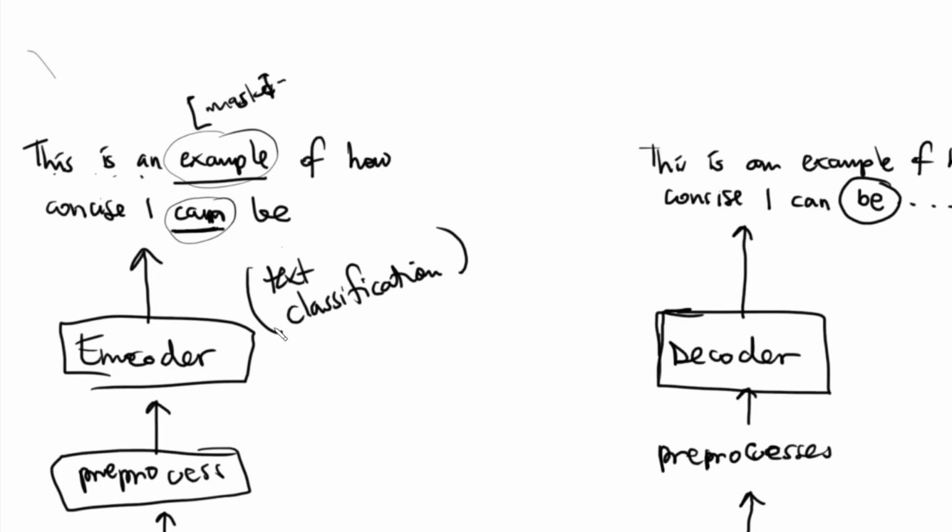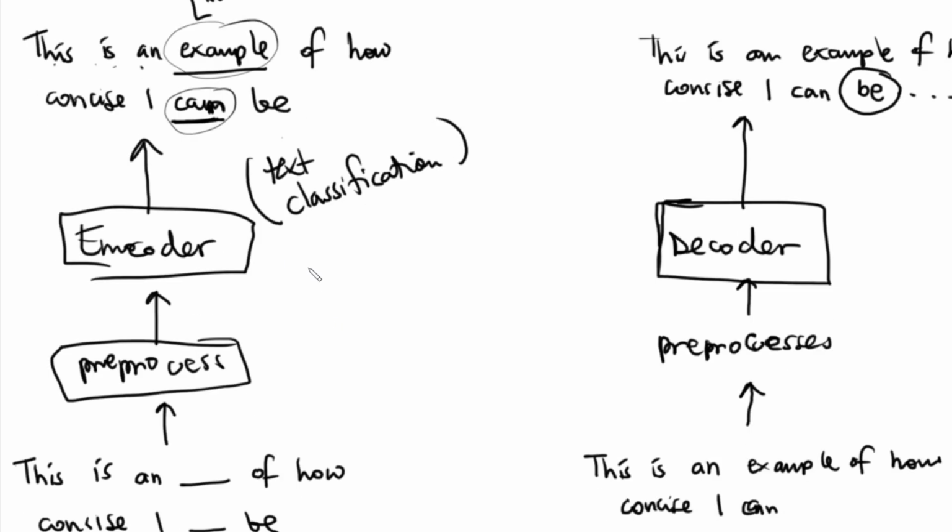Twitter, or X, used a BERT model to classify if content is toxic. Maybe now they've moved to better models, but the BERT model is what they were using.